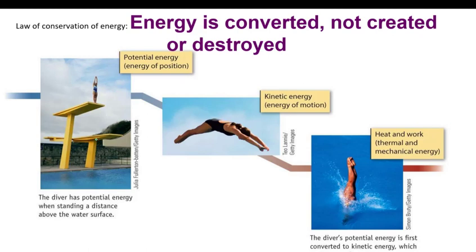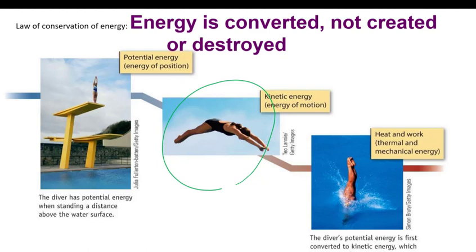So let's say we have this person standing on a diving board. You have considerable potential energy because of your position above the water. But then you dive off of the board. Once you dive off of the board, some of that potential energy is converted into kinetic energy. During the dive, the force of gravity accelerates your body so that it moves faster and faster.